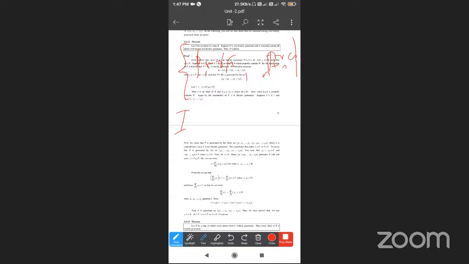Capital I is one ideal; take another ideal with small x belonging to capital R, and first starting with the ideal.